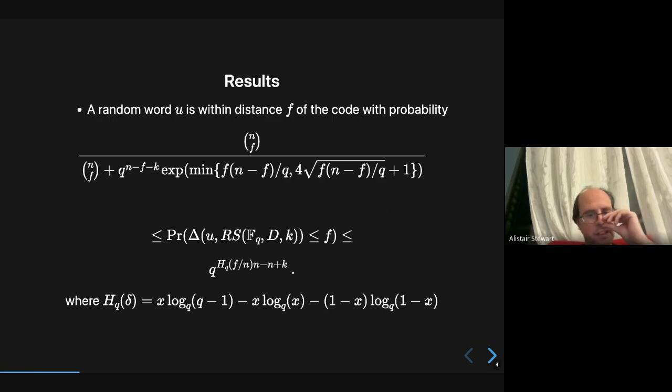which involves this H_q of delta we saw in the list decoding capacity bound. Here's what it is. And it turns out that in some regions, these two numbers aren't that far from each other. But you'll have to trust me on that one because I don't have pretty graphs.